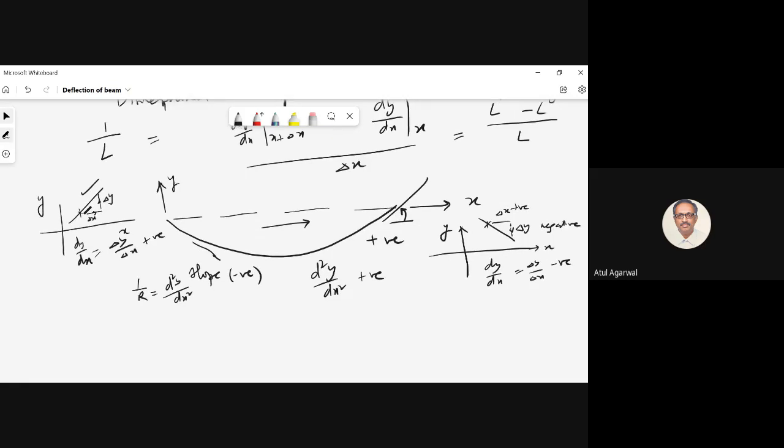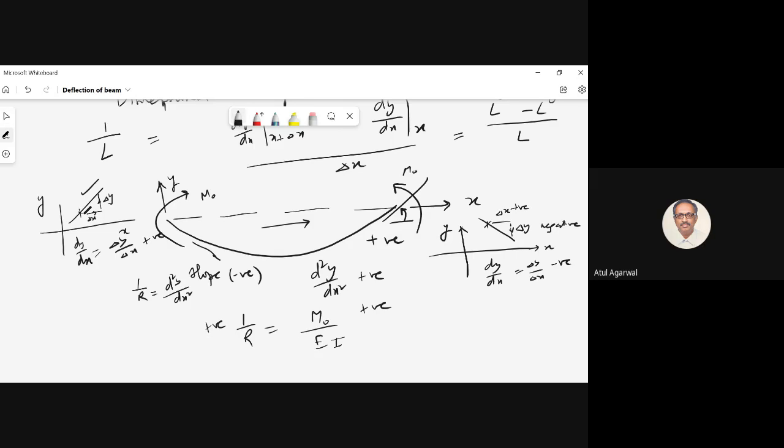Now what was the equation you had found? 1 by r is equal to m by EI. You see we had shown that we are applying a moment like this. It was a positive bending moment. So here you have a positive value, here also you have a positive. So there is no problem of sign.